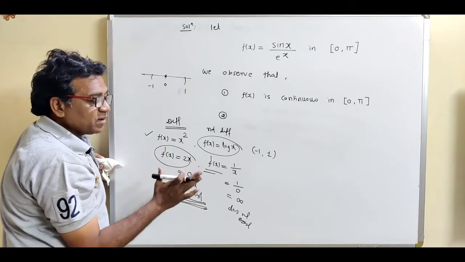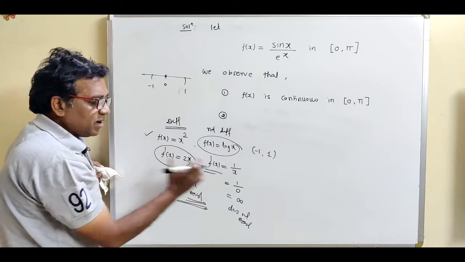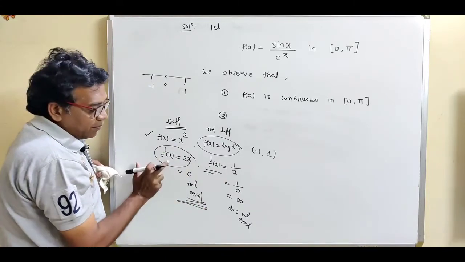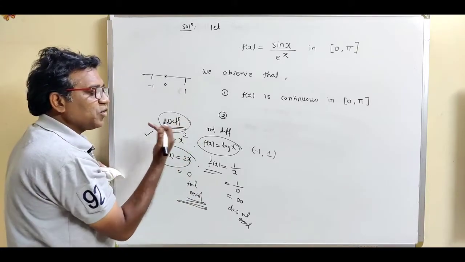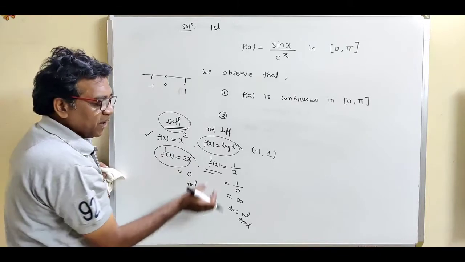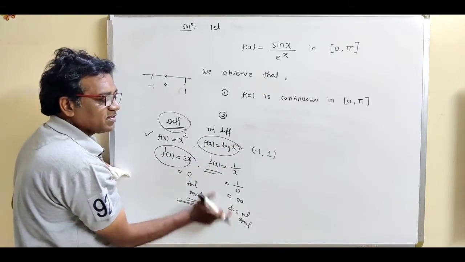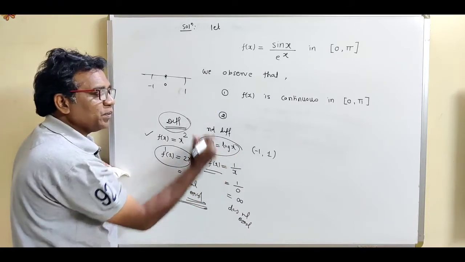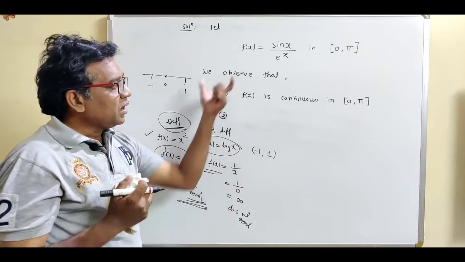Differentiability is related to the derivative. If the derivative of the function exists, then the function is said to be differentiable. If the derivative does not exist, then the function is said to be not differentiable.